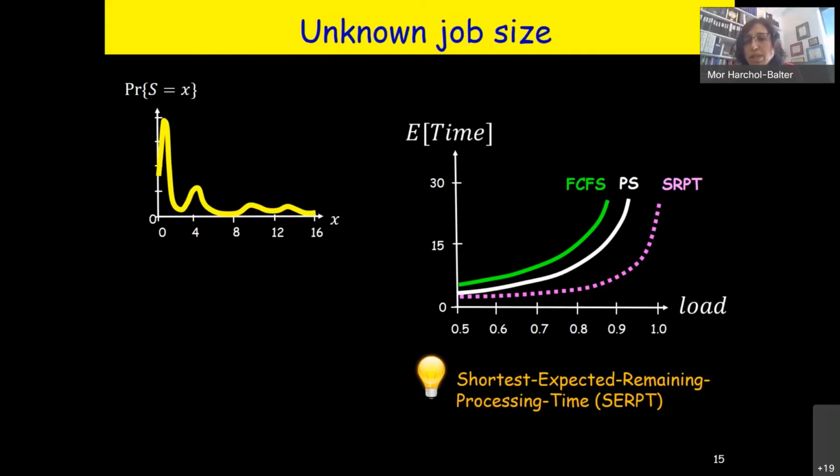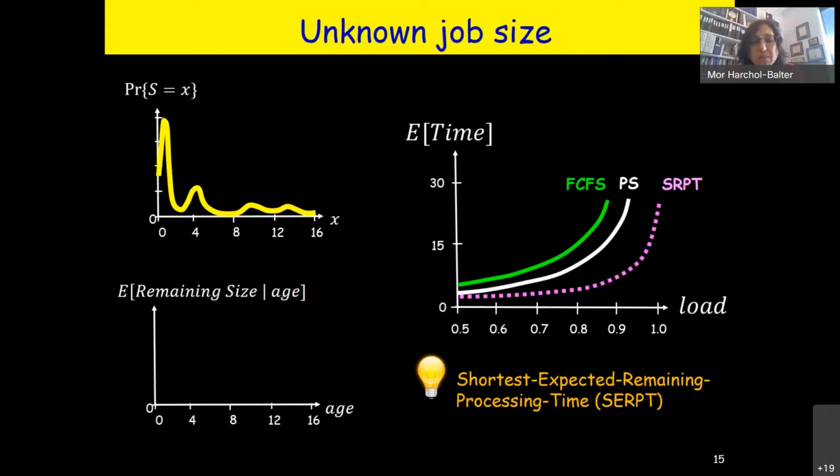The way it works is we're going to try to compute the expected remaining size of a job given only its age. So given that you know the age of a job, you should be able to compute the expectation on the remaining size of a job.